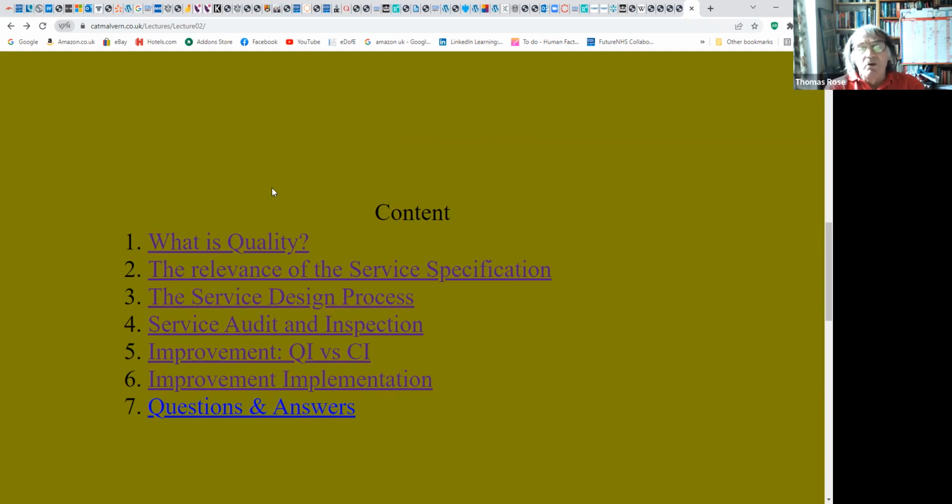Then I'm going to talk about service audit and inspection, and then get on to improvement and look at the difference between what the NHS call quality improvement, QI, and what industry calls continuous improvement, CI. CI is a quality management term. I'm going to talk briefly about implementing improvement, but that will be covered more in the second presentation. And then we'll get on to questions and answers.